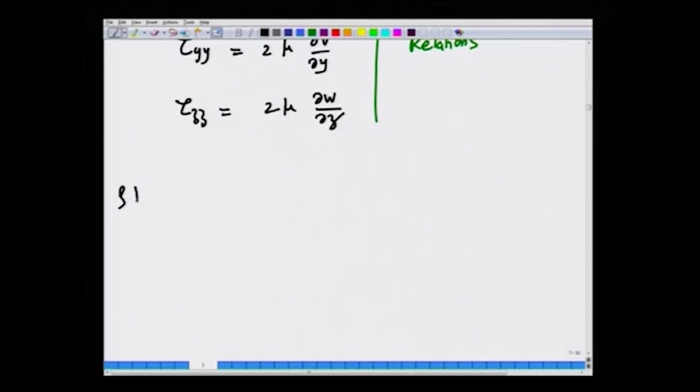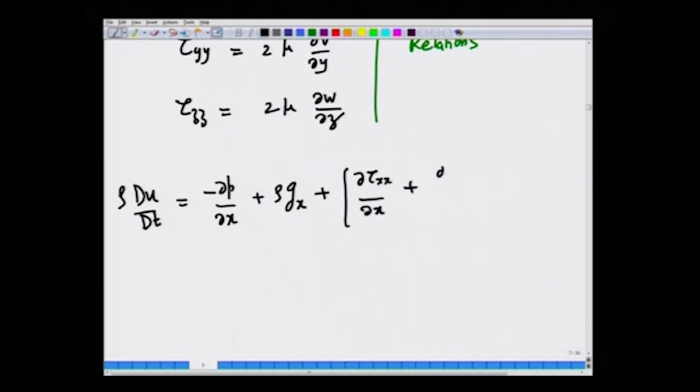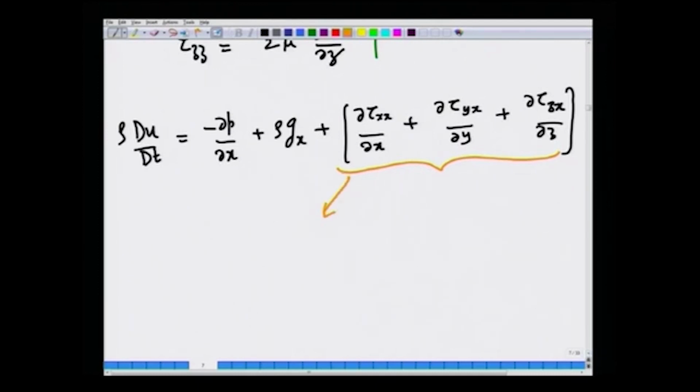For the x momentum equation, we have rho g x plus partial tau x x by partial x plus partial tau y x by partial y plus partial tau z x by partial z. Now, let us substitute all 3 components. I am going to focus only on this term now, and then we can substitute it back in this expression.